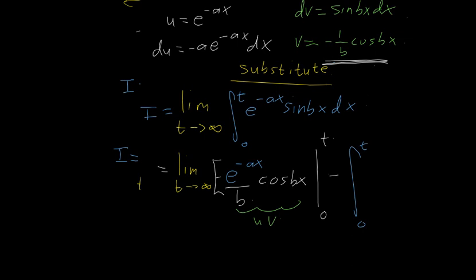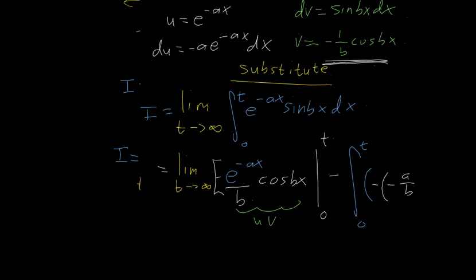V was negative 1 over b cosine bx, and then du. So it's going to be minus. Be careful with the negatives here, it's very easy to make a mistake. Negative times negative is negative a over b.